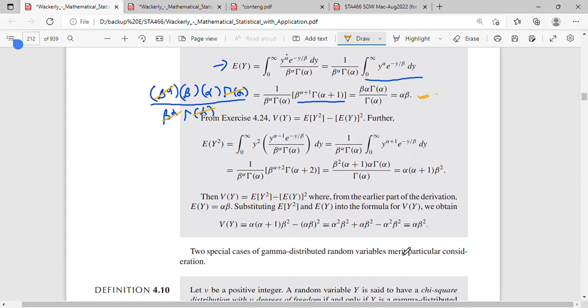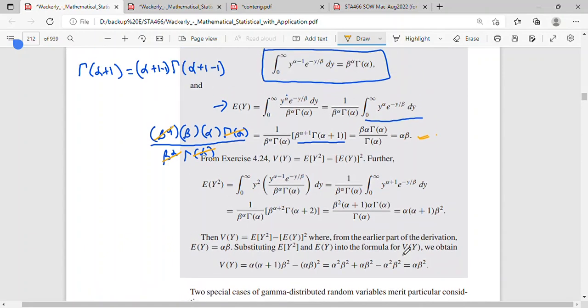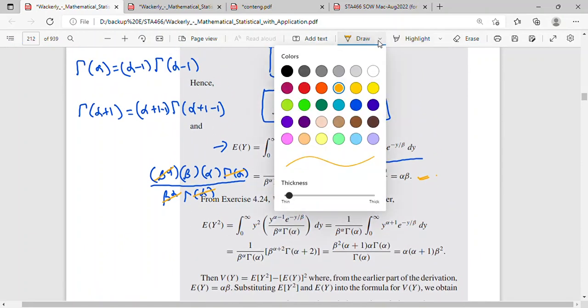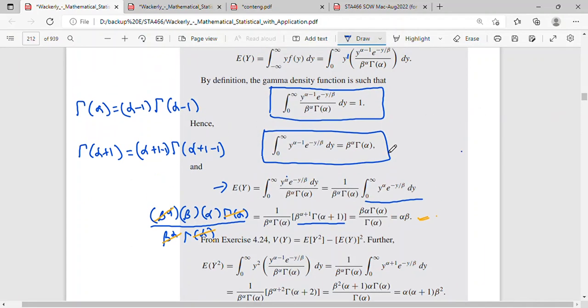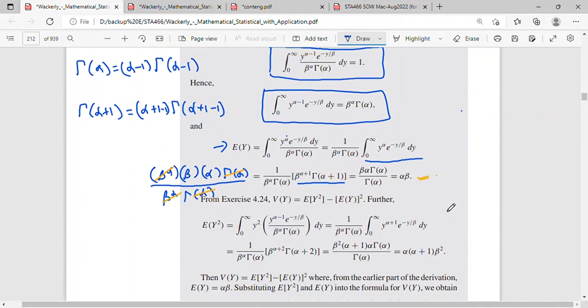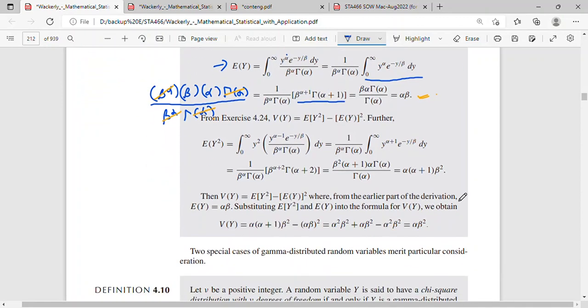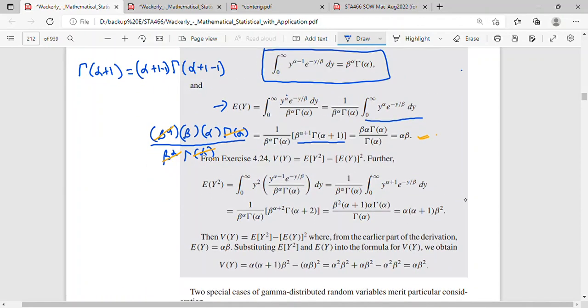The next one, how to get the variance. Okay, so usually to find the variance, we will use this formula.